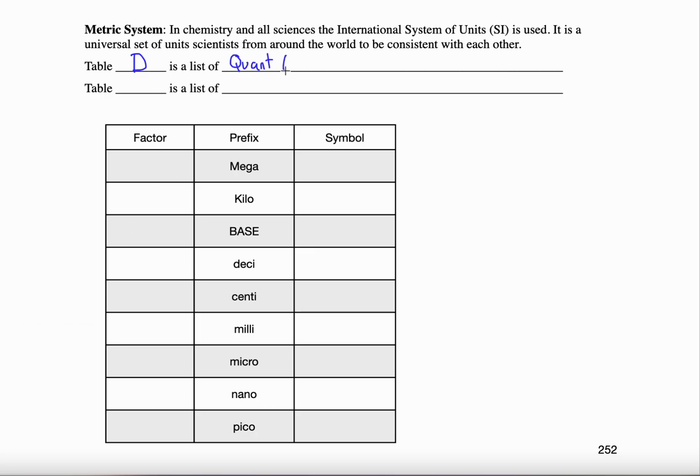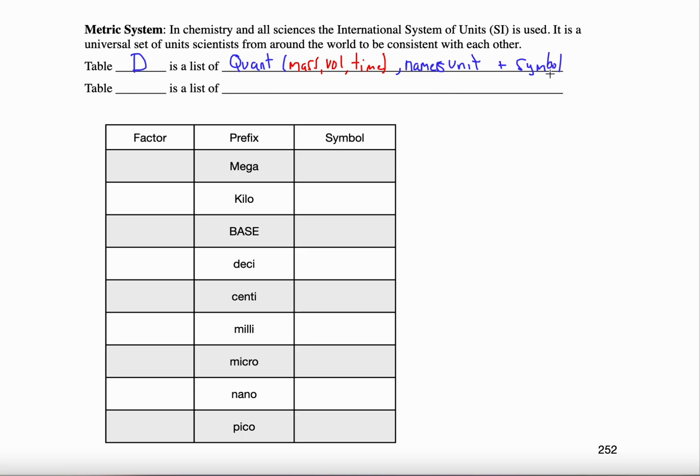Examples of things we tend to measure would be mass, volume, and time. Just 3 examples. But this table also names the basic metric unit, and it supplies the unit symbol.